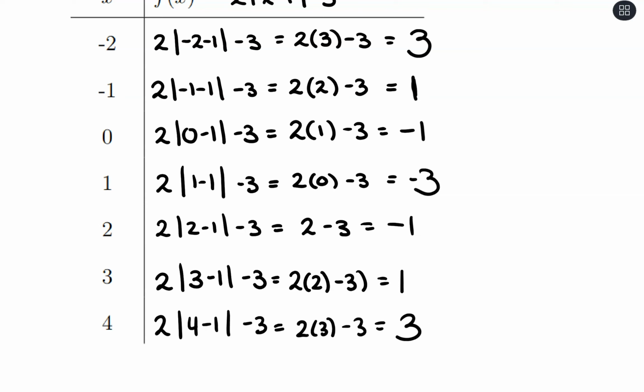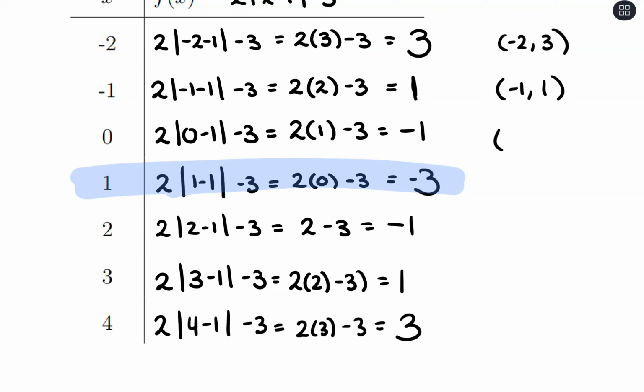What I'm seeing here is this nice symmetry, and that has me thinking that this (1, -3) is probably our corner, because that's where we start switching back to our repeated y values. So we end up with these coordinates here. Let's go ahead and graph those.